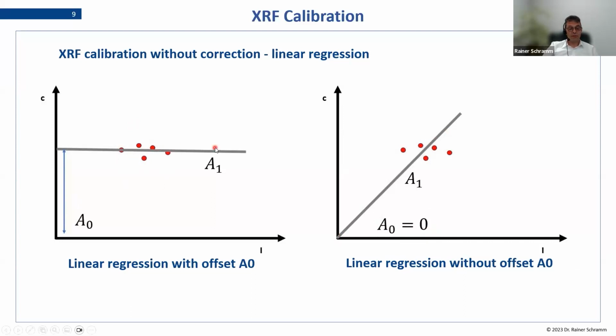Then it will look like this. And then you have to look for a sample which gives a point in that range so that you can force your curve to go through 0. This is not so easy. And like I said, it depends a bit on the software package, but you should never work with such a calibration line. It should always touch the 0 point.